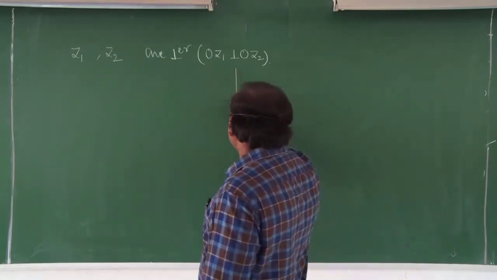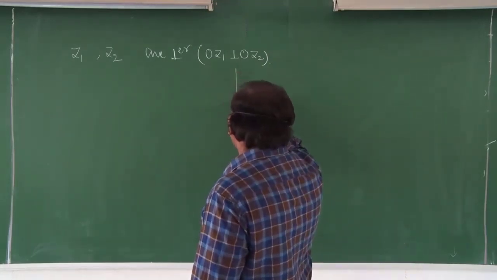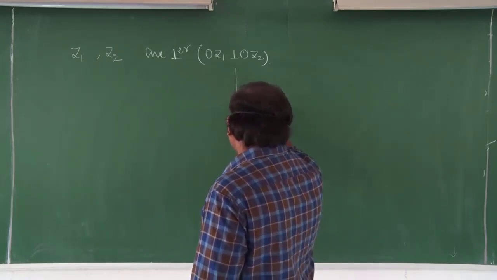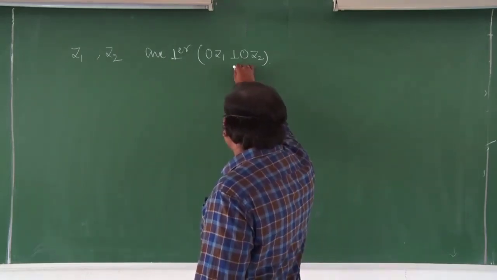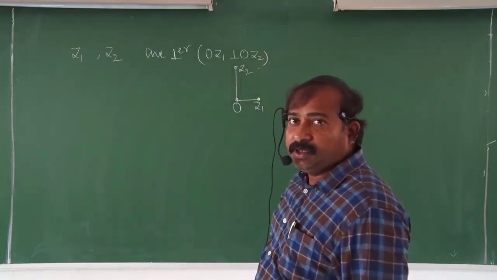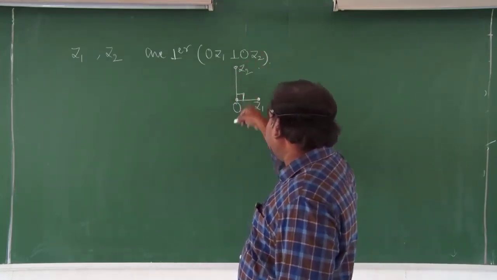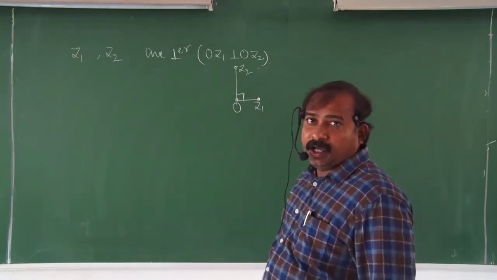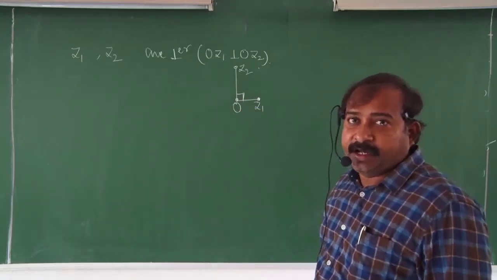Let this be the origin, let this be Z1, let this be Z2, like this. Then how are the two complex numbers related?